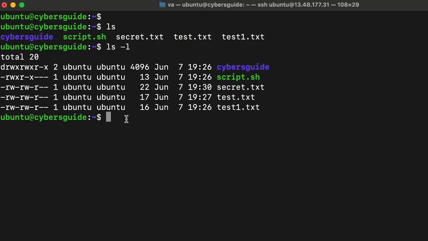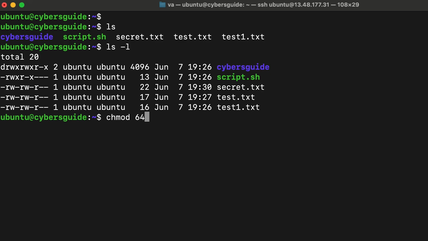To modify permissions, we use the chmod command followed by a combination of numbers and symbols. The numbers represent the permission values, while the symbols indicate which permissions to add or remove. To set the permissions using numbers, you must first understand that the input is done by entering 3 digits.